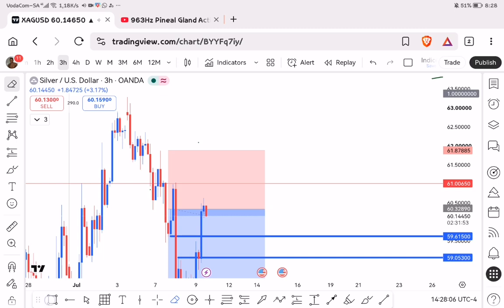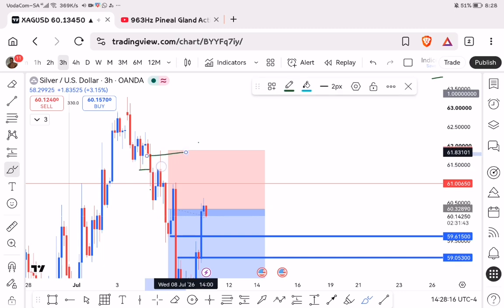I don't know why I didn't enter this. I guess I didn't see it, but this was actually a perfect setup. Break of structure here, fair value gap to the downside. But me myself, I entered here on this second one.